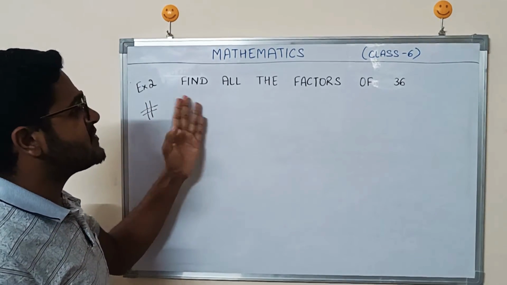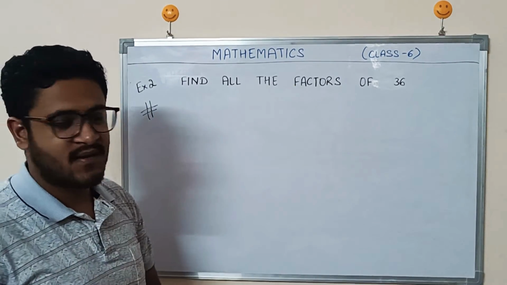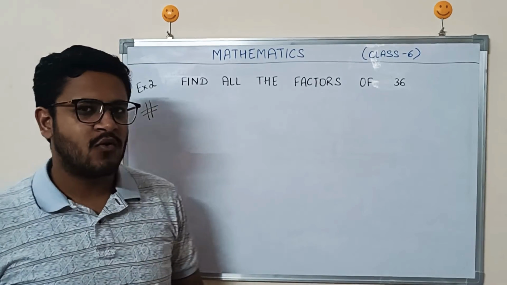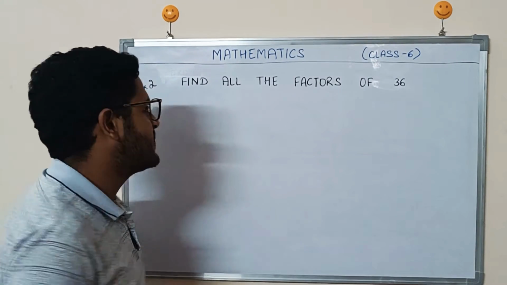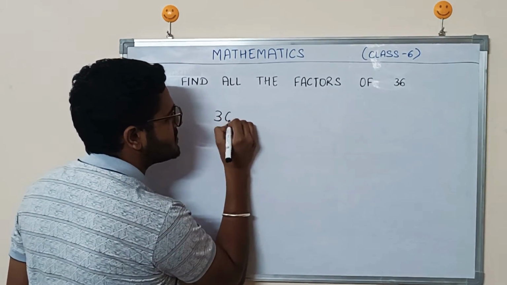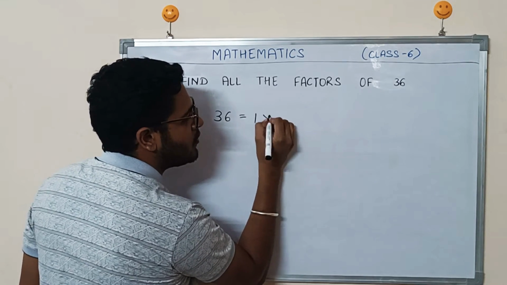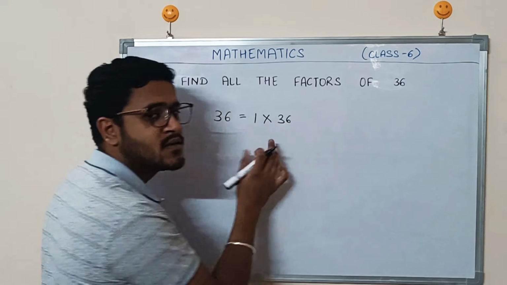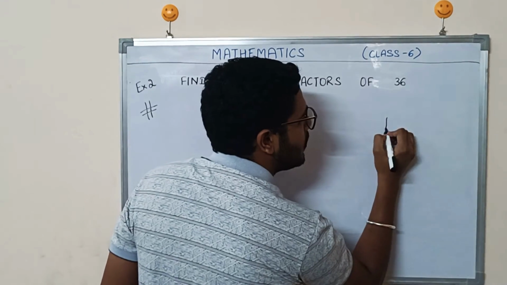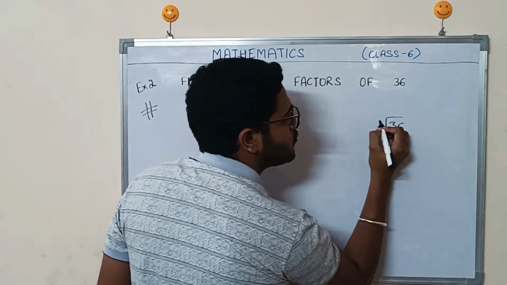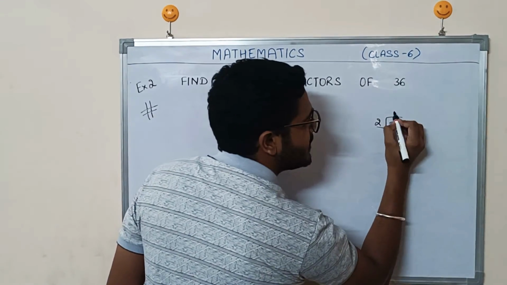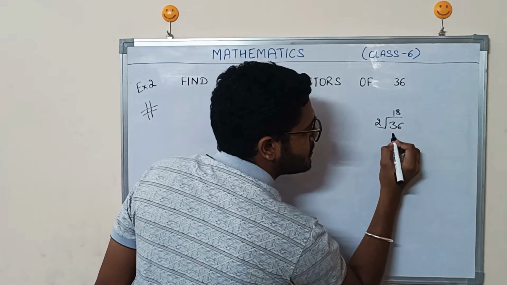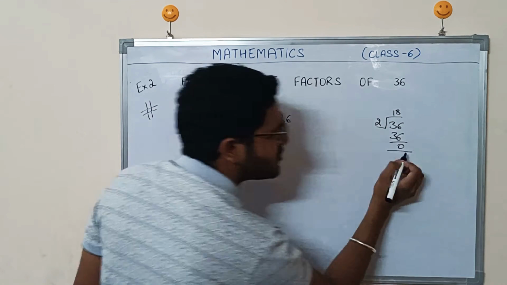The next example is: find all the factors of 36. First of all, we know 1 is a factor of each number, right? Let's write that first. 36 is equal to 1 into 36. Now after 1, let's try 2. When we divide, the remainder will be 0, right?